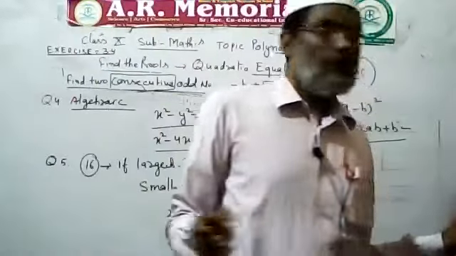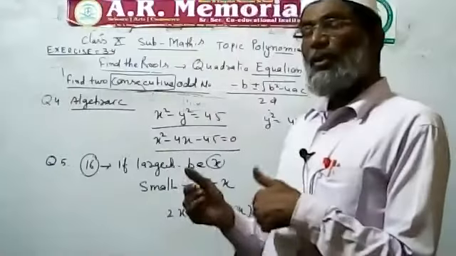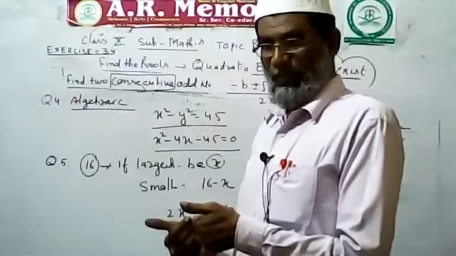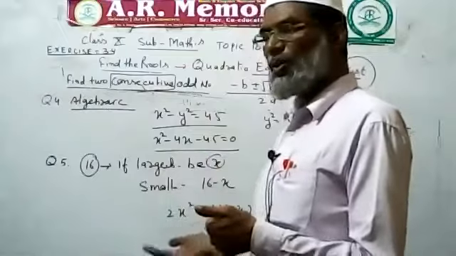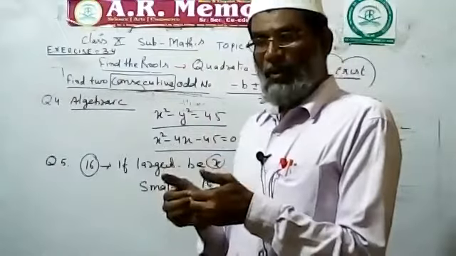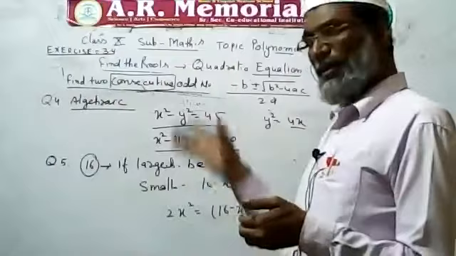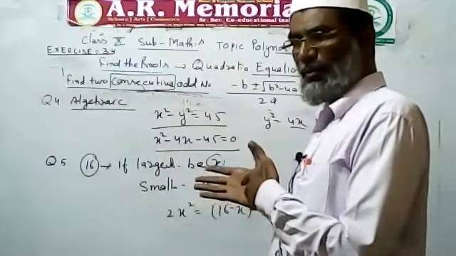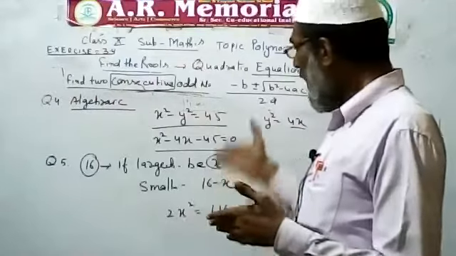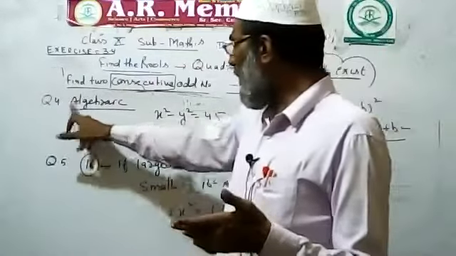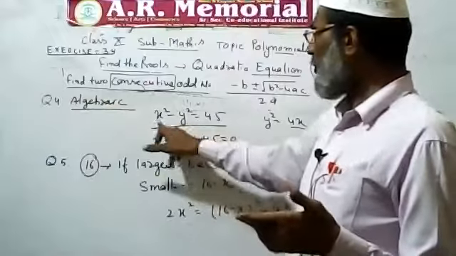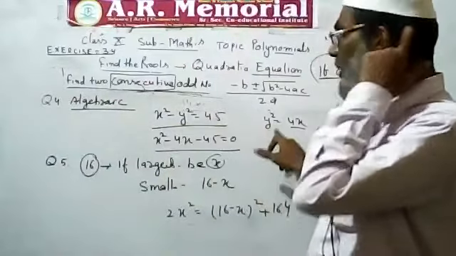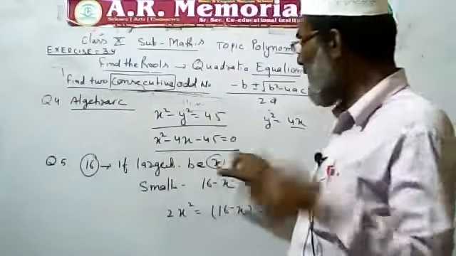Abrar ji, come. That is already done by me. You try to repeat them. Some questions were done only halfway, because the same method applies, putting the values into the formula, Sridharacharya. So how can we get it? In question number 4, the algebraic form is this: x square minus y square is 45, y square is equal to 4x. Replace here, you get this.